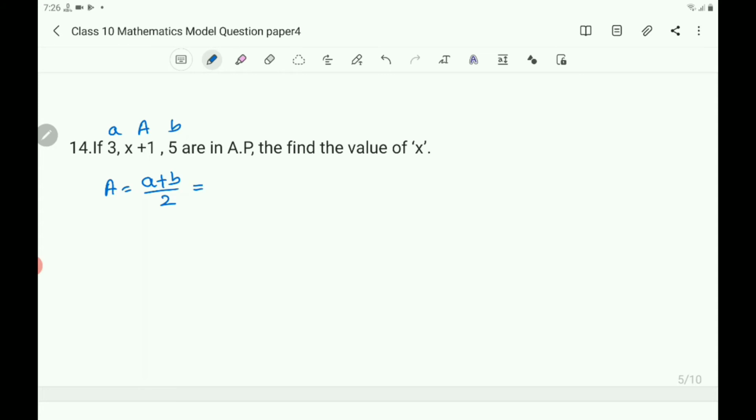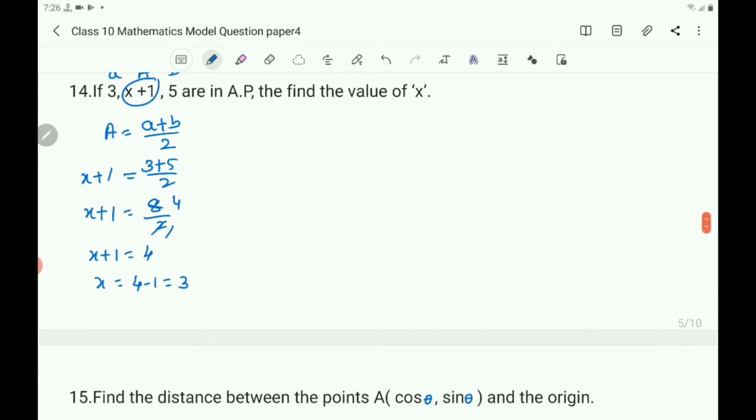Then it becomes, A is 3, B is 5, and the mean is x plus 1, that equals 3 plus 5 by 2. So x plus 1 equals 8 by 2, 2 fours are 8, you will get x plus 1 equals 4, then x equals 4 minus 1 equals 3.